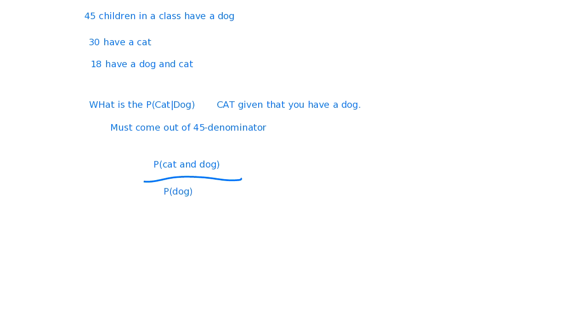So what's the probability you have a cat and a dog? Well, it's given, it's 18 right here, because if you have a dog and they want to know if you have a cat, then you have to have both. So that's 18, and the probability of a dog is 45. Then 18 divided by 45.